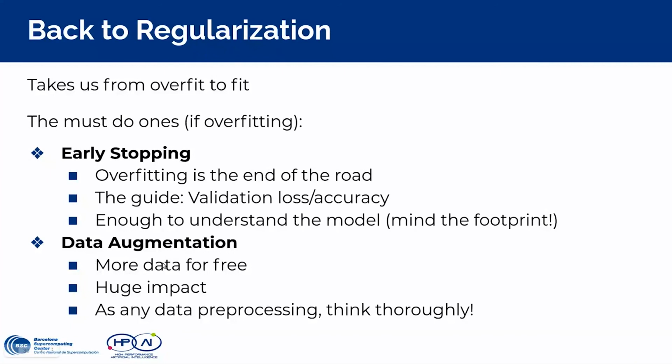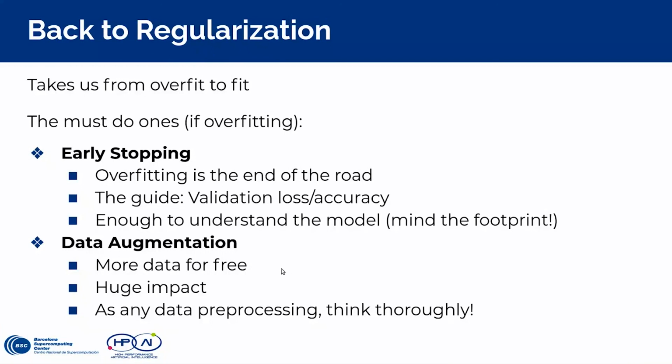And then we have data augmentation. As I said before, data is a key aspect in deep learning. We need a lot of samples because the more samples we have, the less overfitting we will have. Data augmentation is a mechanism to get more data for free. It's essentially slightly altering your samples so that they look like different samples, but they are actually the same.